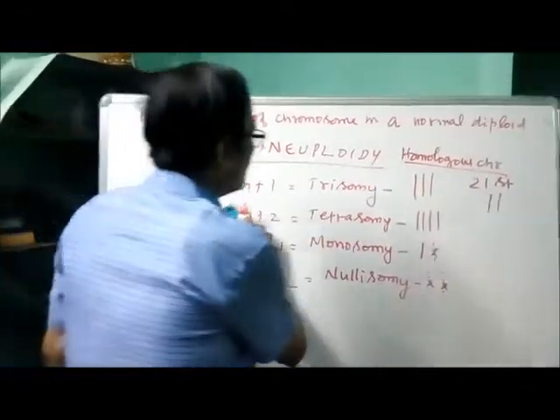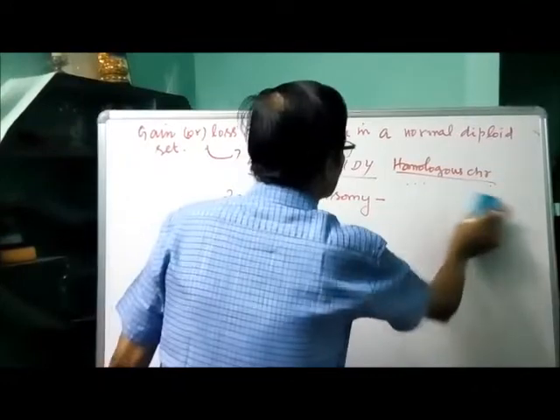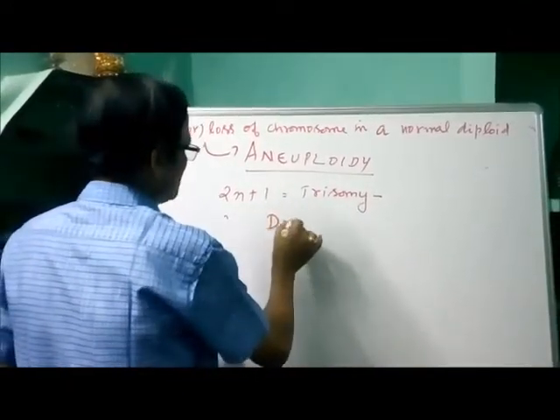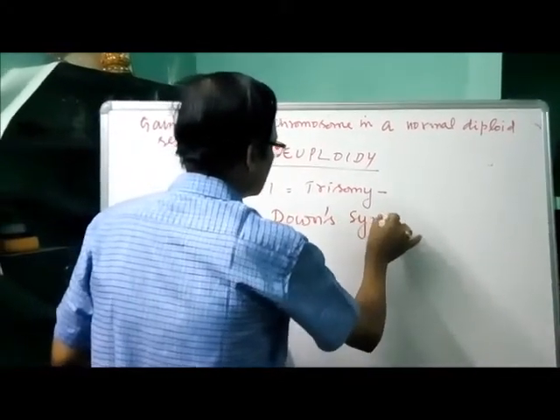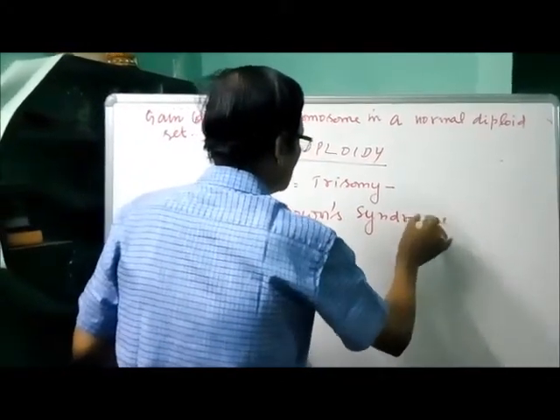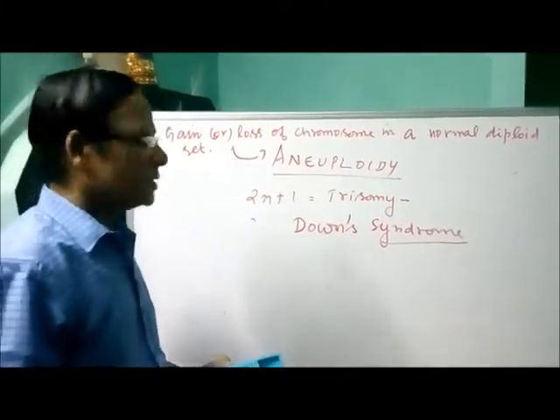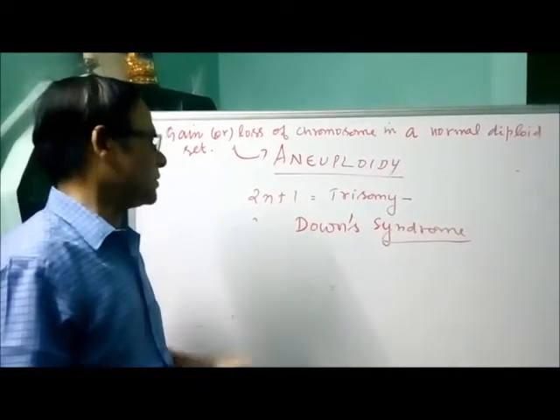What is called Down syndrome? One example is given for trisomy. This is the name of the disease, a genetic disease. Syndrome means signs and symptoms that characterize a particular abnormality in a genetic disorder.